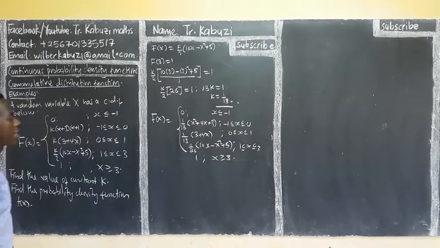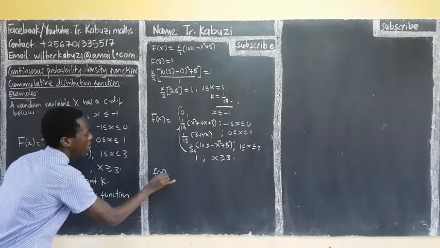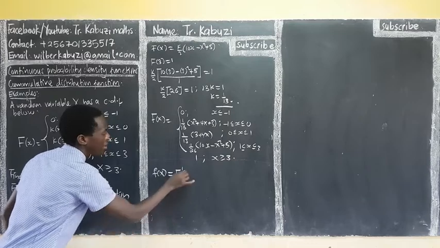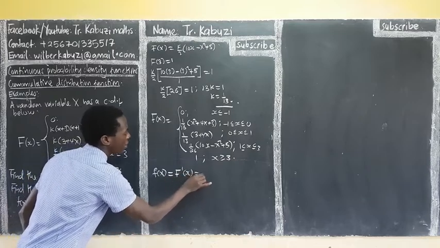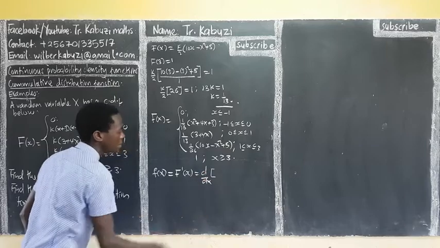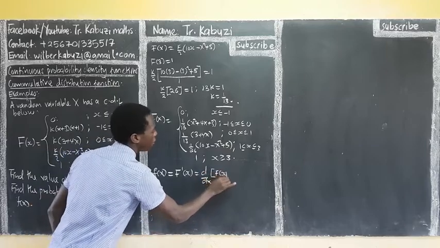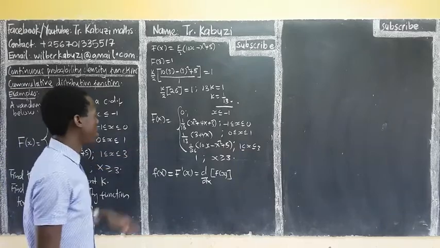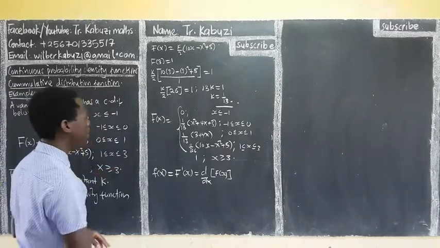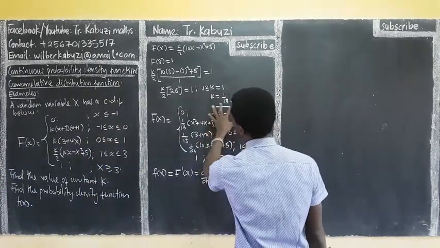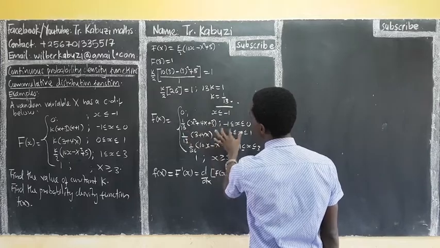Now to get f of x, it will be equal to the derivative of capital F of x, which is d/dx of capital F of x. So for the interval now, when I differentiate this, you know that our capital F of x is always between the limits.